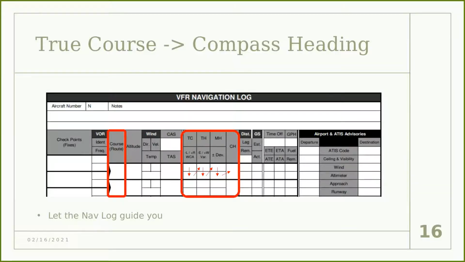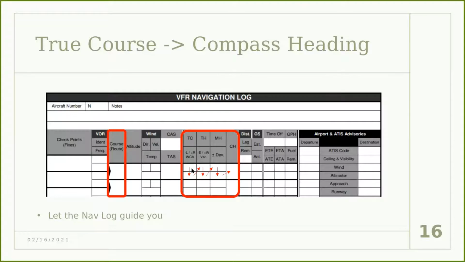Everyone online can see it a lot better than everyone in class since the printouts didn't come out very well. But you're going to write 052 in the course route box. Got it?